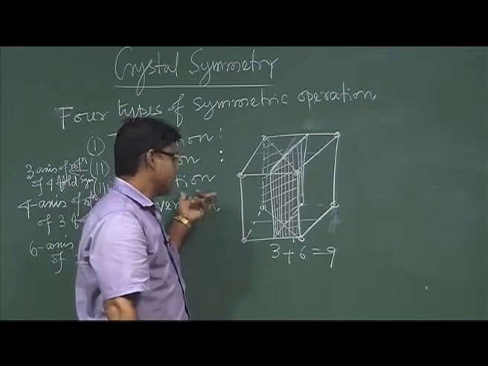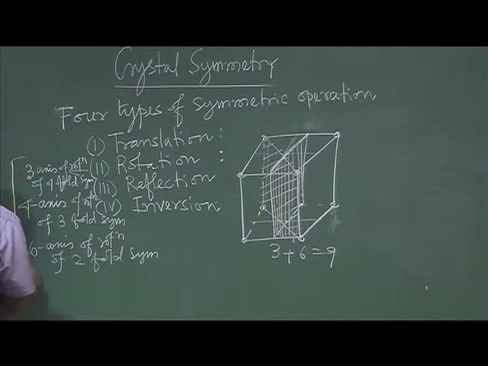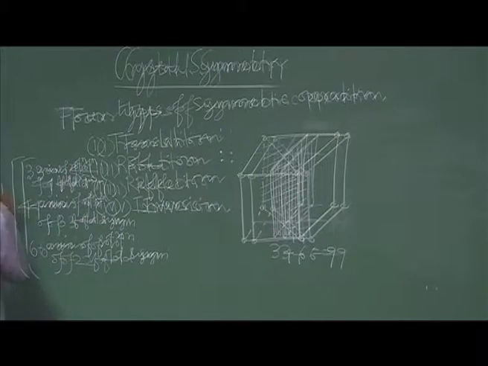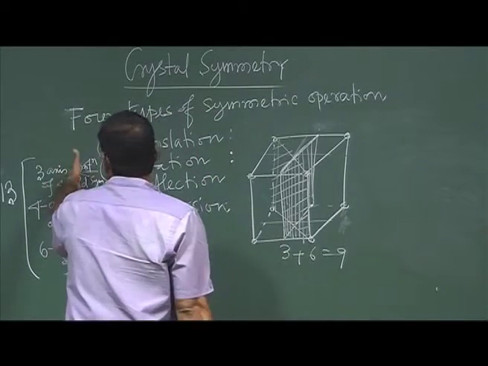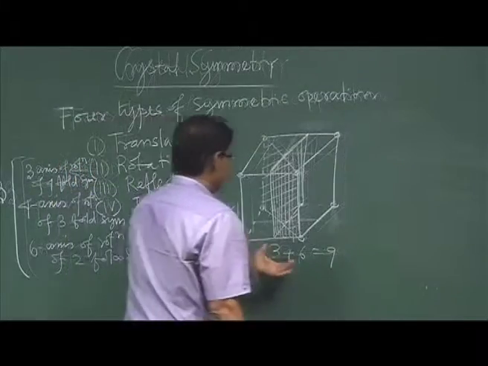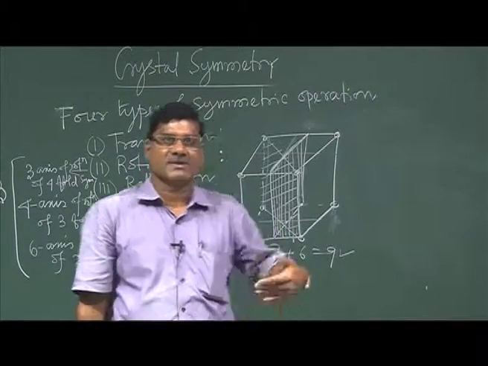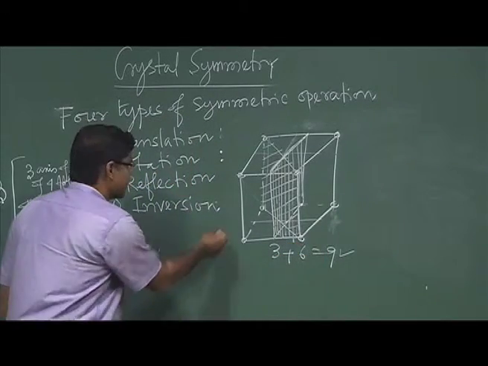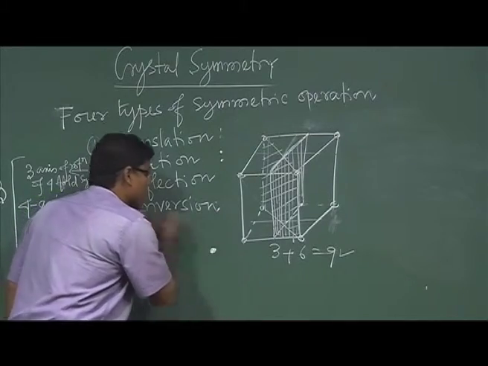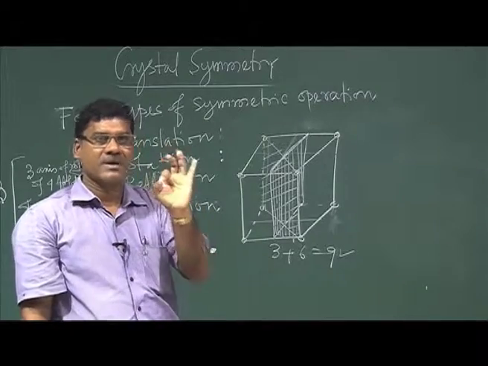I will discuss inversion in the next class. Just remember, from rotation we have got 13 axes of rotation symmetry. Here we got 9 planes of mirror symmetry. Then for inversion, for this cube it will be just 1 point at the body center, that is the only inversion point.